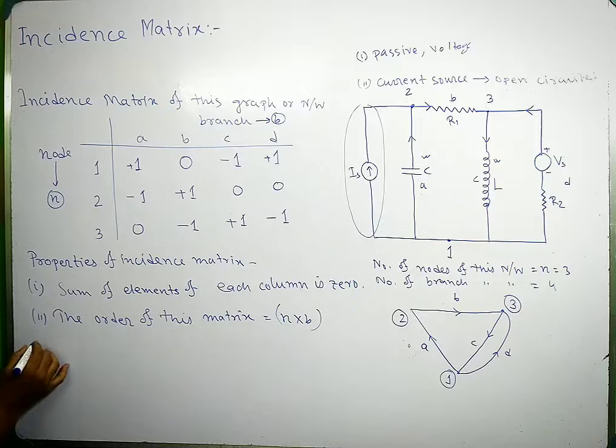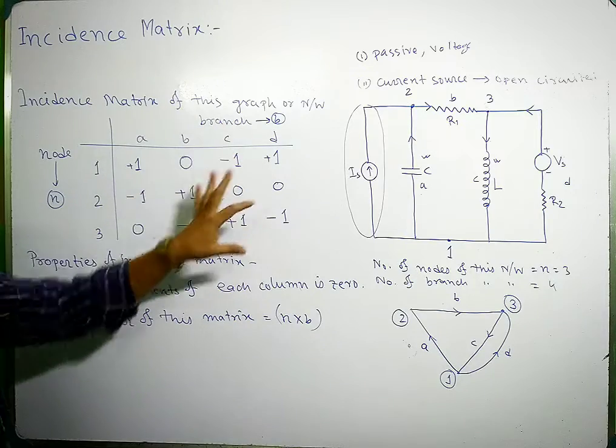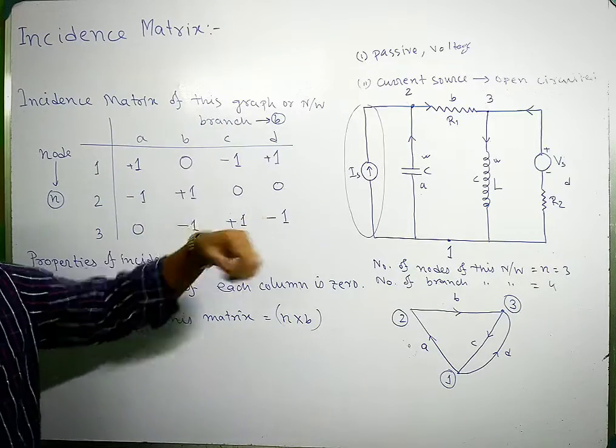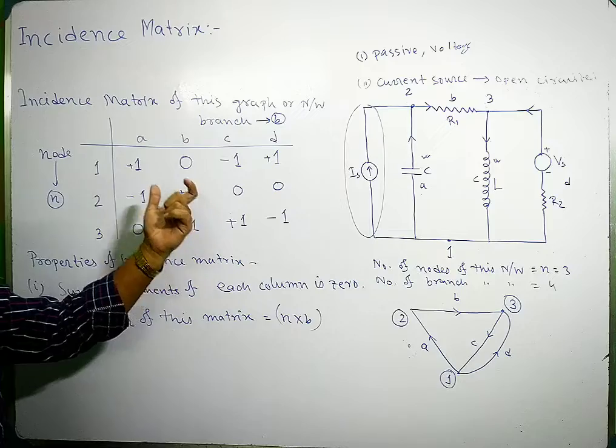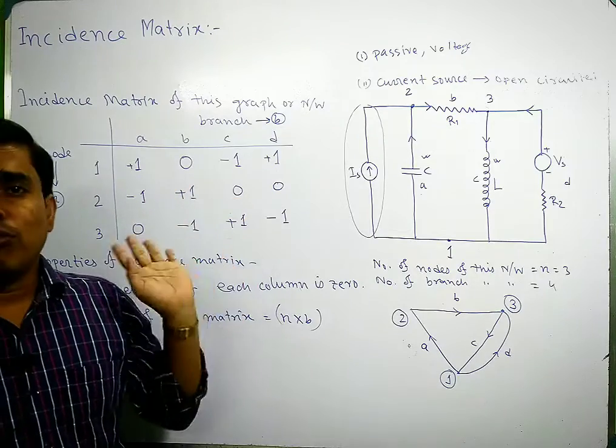Number 3 is, if you take the determinant of this matrix of a closed loop, then the determinant must be equal to 0.